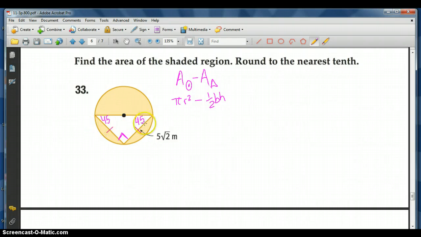In a 45, 45, 90, if you know the leg, multiply that by the square root of 2 to get the hypotenuse. So the square root of 2 times the square root of 2 is 2. So the hypotenuse, or the diameter of the circle, would be 10, making our radius half of that.